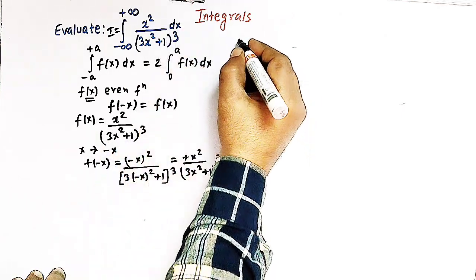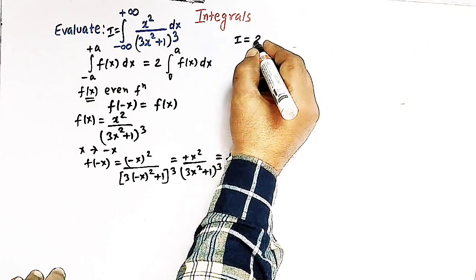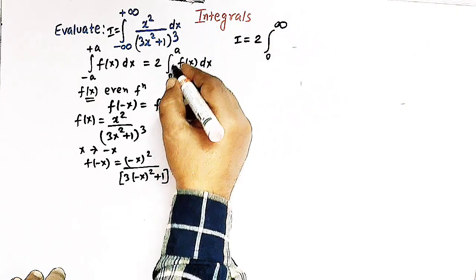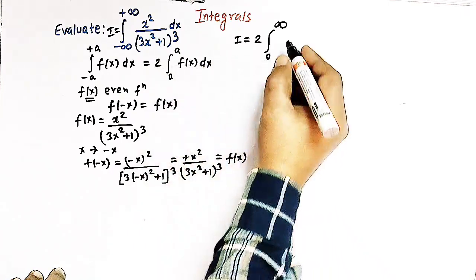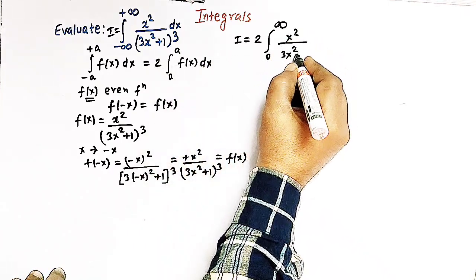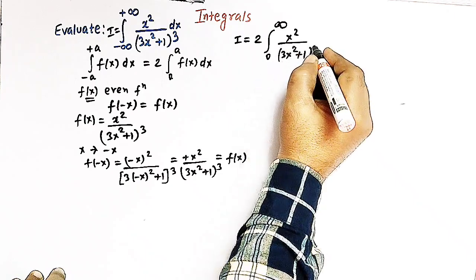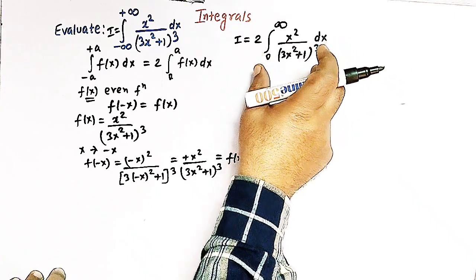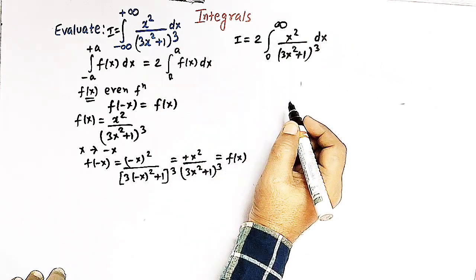So now this integral I can be written as 2 times the integral from 0 to infinity, that is 0 to a, of x square over 3x square plus 1 cube, right? And now we'll apply the method of substitution.